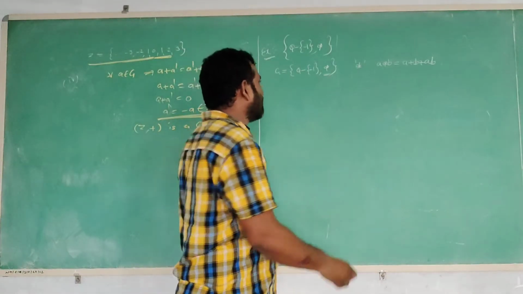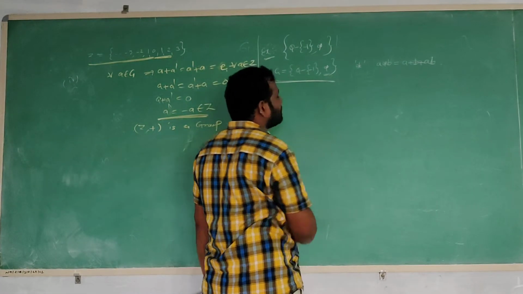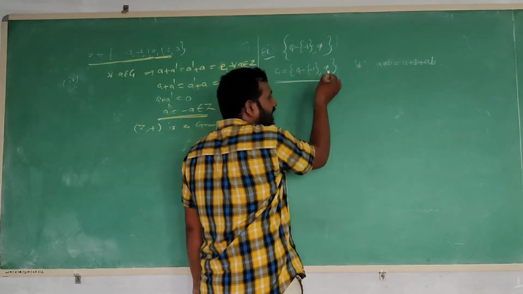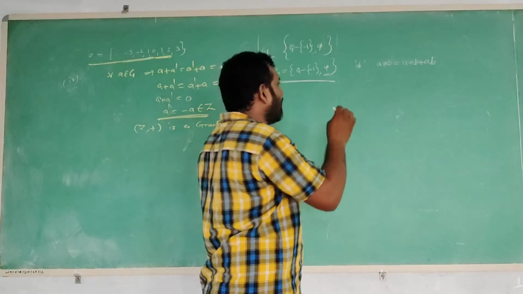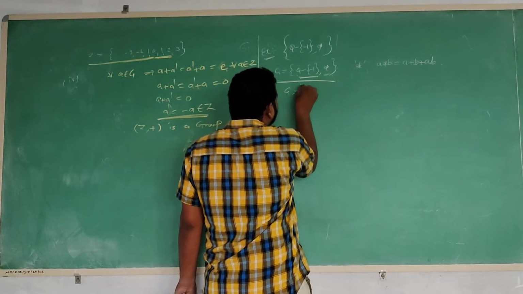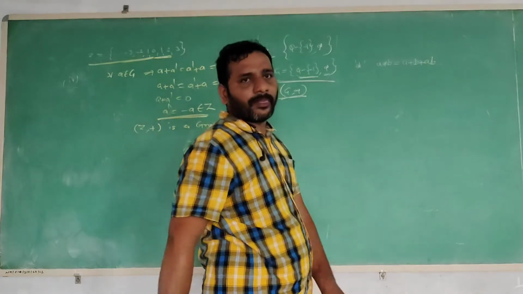Then show that the set G equals Q minus {1} is a group.